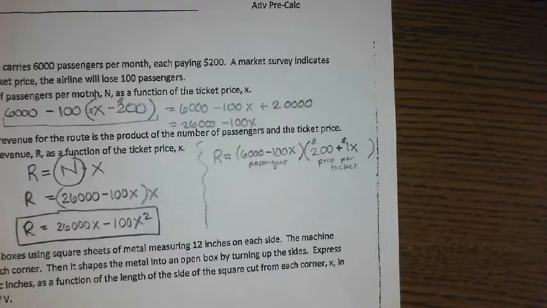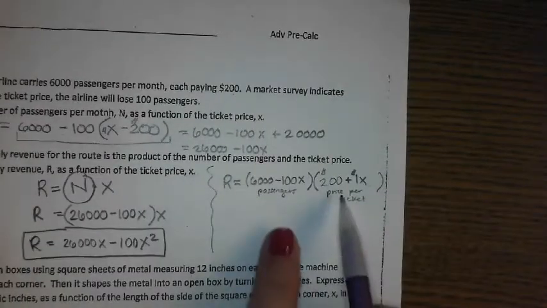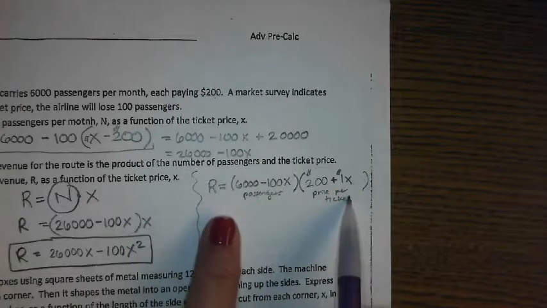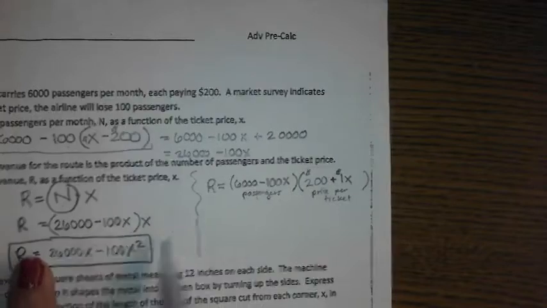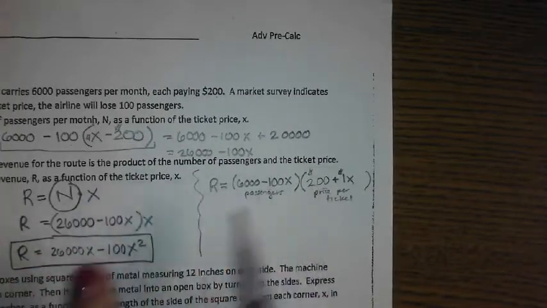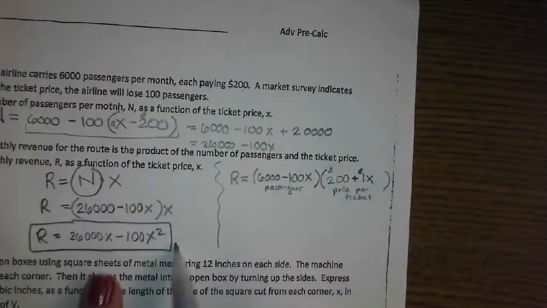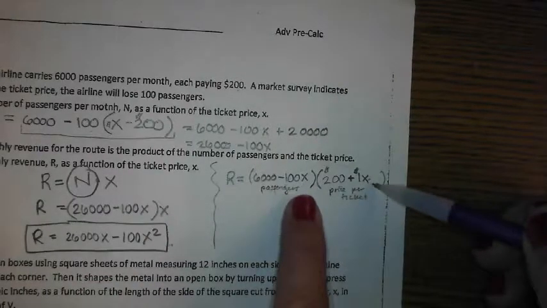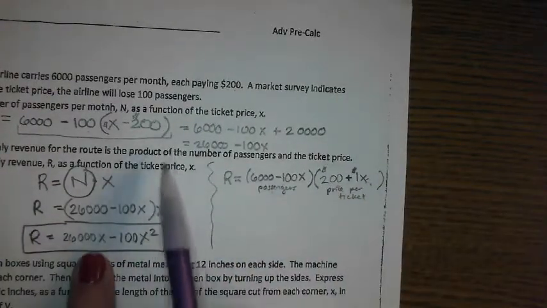Okay? So if I plot this graph, I'm going to get a different graph than this. These aren't the same function because X is standing for something different in both cases. Here, X is standing for the number of times we increase the price by $1. Here, X was standing for the actual ticket price.